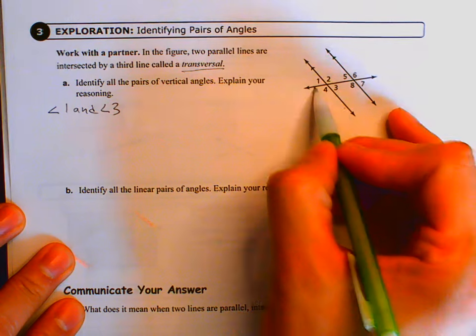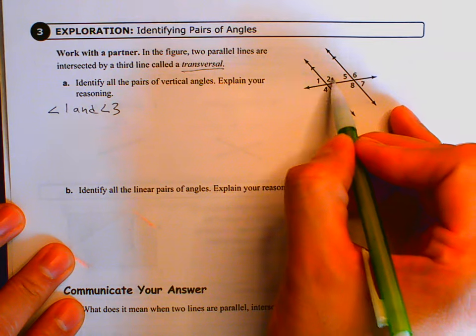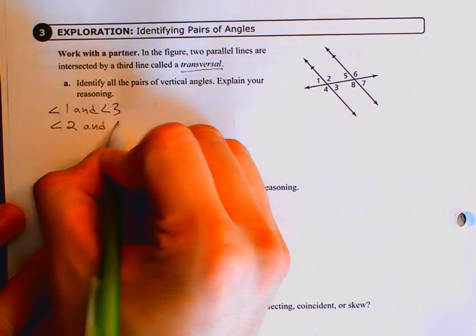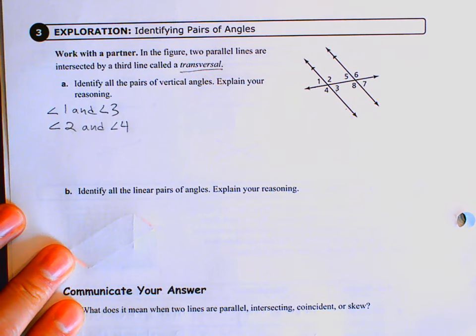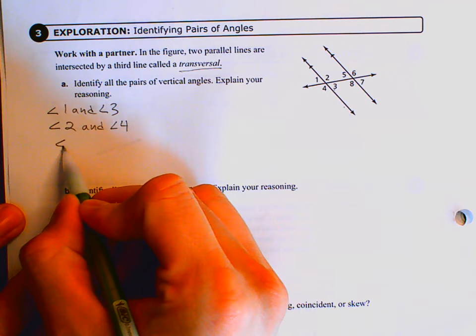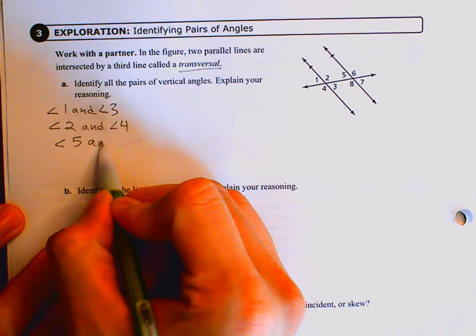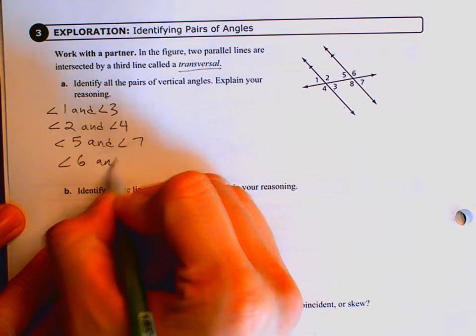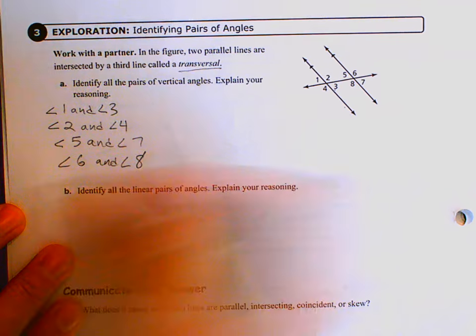So 1 and 3 and 2 and 4. Now, if we take a look at the other side, we are going to have angle 5 and angle 7 and angle 6 and angle 8.